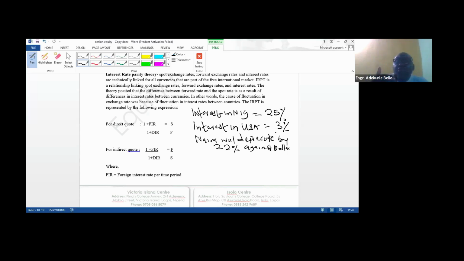According to this theory, the reason why we have differences in currency exchange rates is because of differences in interest rates between countries. Assuming interest rate in Nigeria is the same as interest rate in US, 1 naira will equal $1.